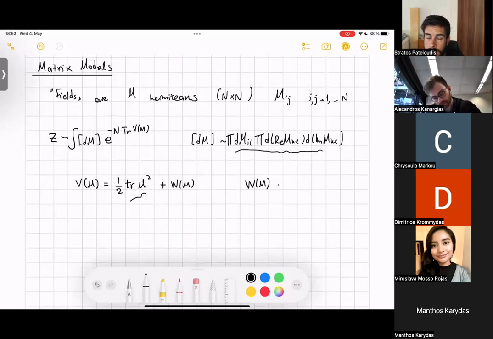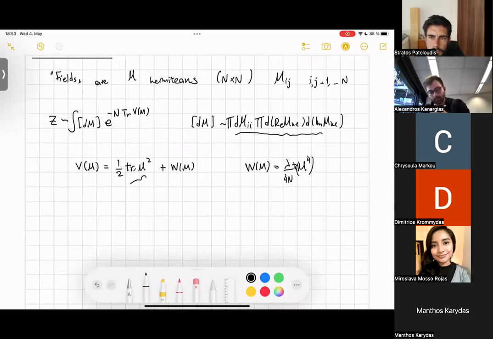And you see that with this trace, you need a number out of this to take the exponential. Usually, what gives you a number from a matrix is that you can take the trace, and for example, you can have a potential that looks like the trace of M to the fourth.